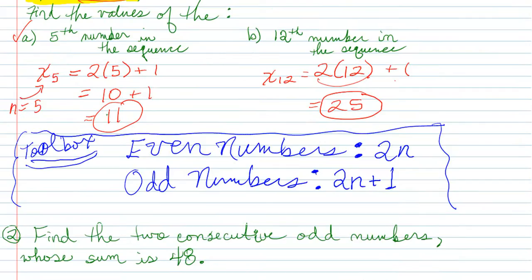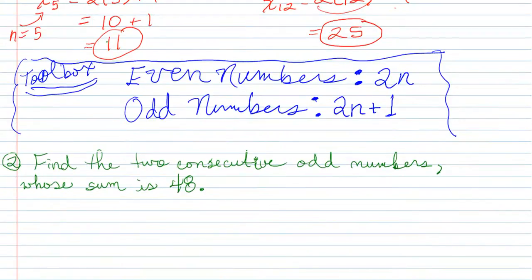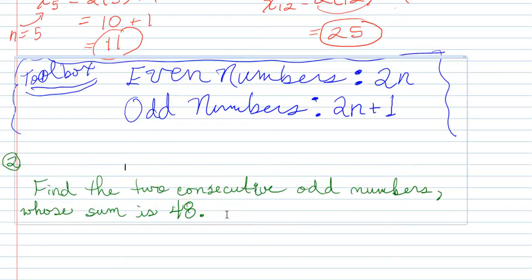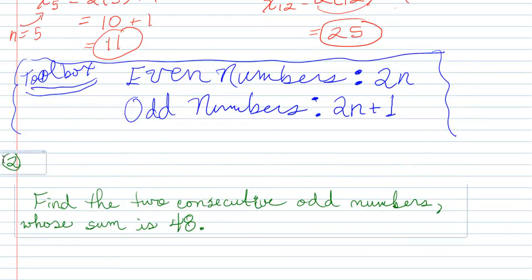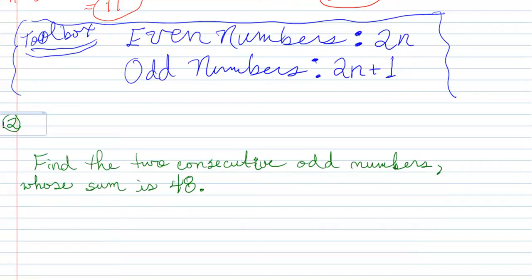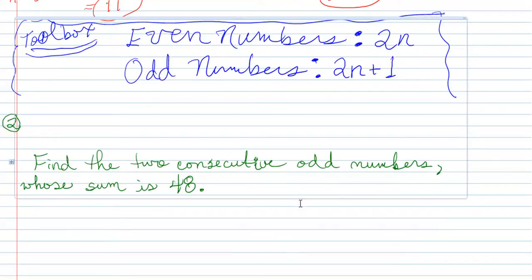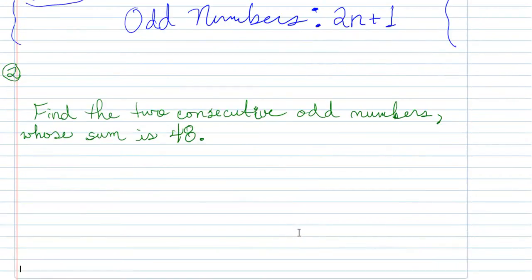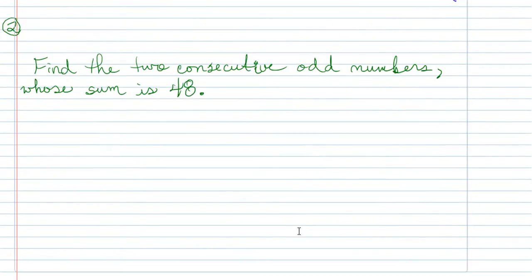Now check it out. Here's a problem for you. Find two consecutive odd integers. Not always are you going to see odd; you may sometimes see just consecutive integers.